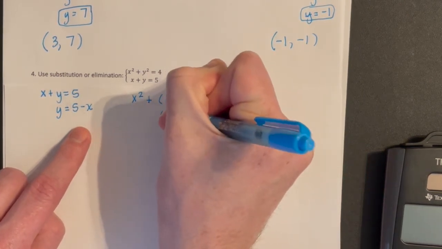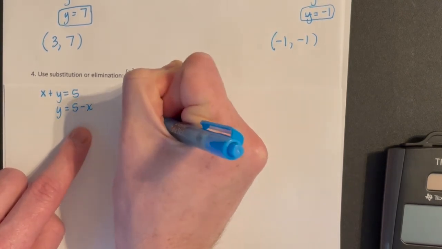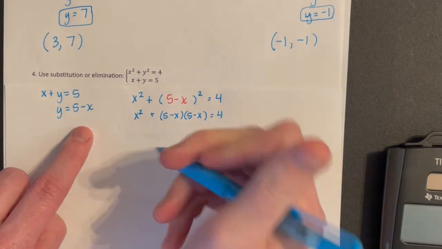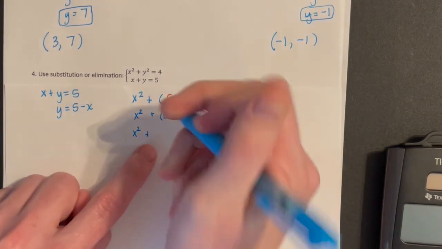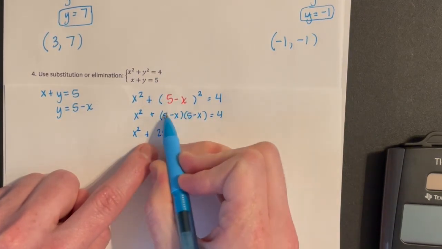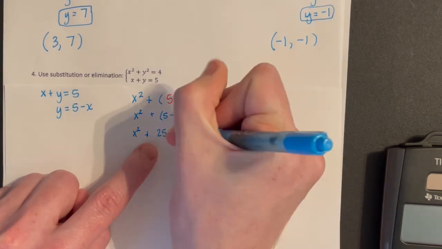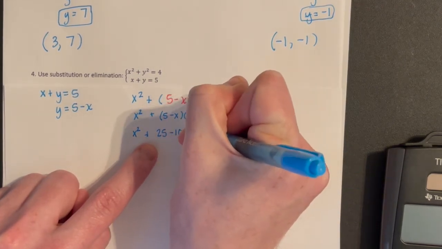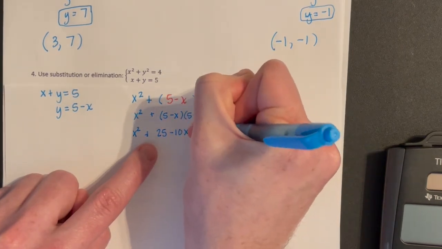So (5 minus x) times (5 minus x), since it's squared. And if I distribute, we get 5 times 5 is 25. 5 times -x is a -5x, but we get another -5x on the inside, so that's -10x together. And -x times -x is a positive x squared.